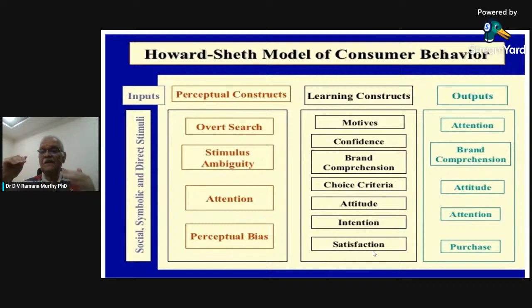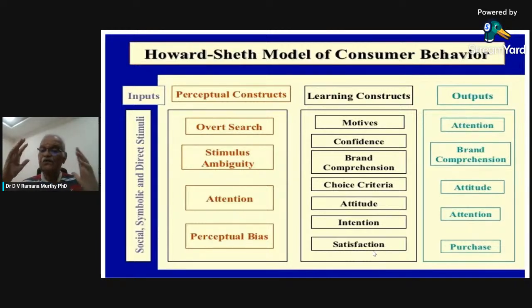The second is brand comprehension. Please clearly explain what the brand or the product is all about, because the customer is in a confused state of affairs with regard to comprehending that particular brand for his choice.